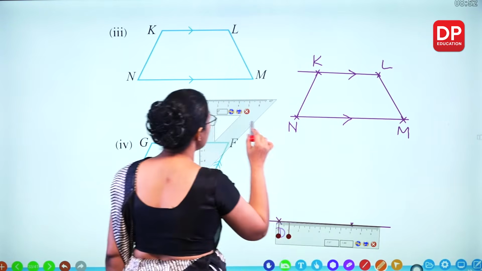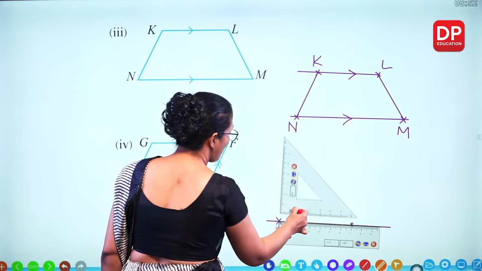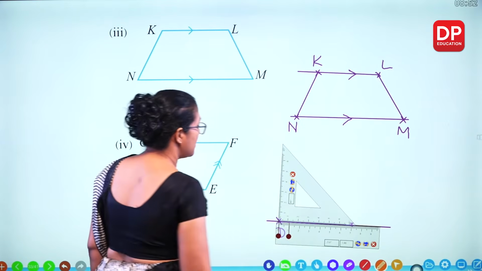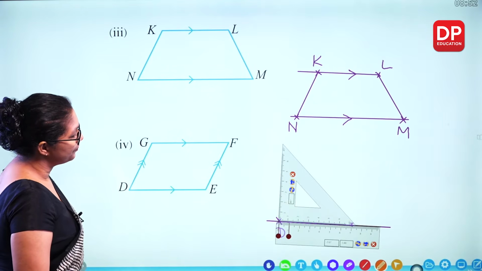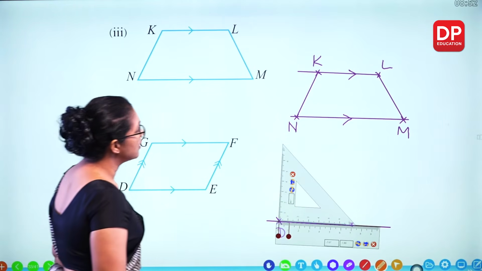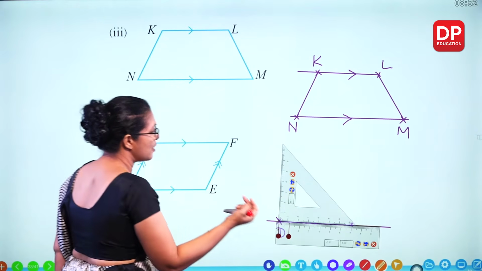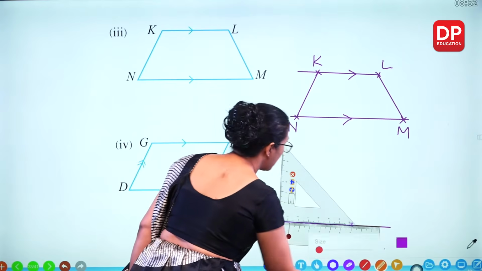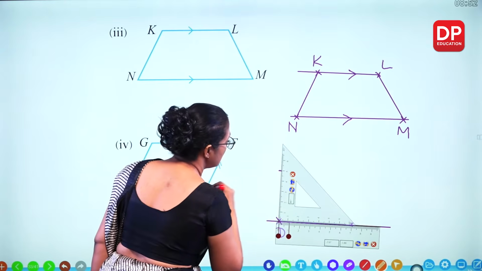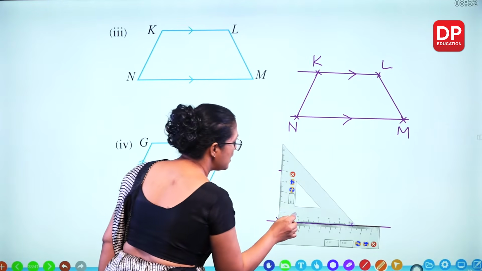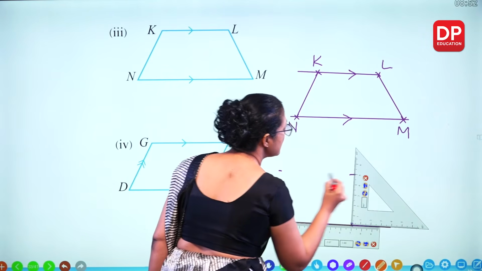And take the set square, keep it on top of this straight edge, and we can mark 5 centimeters, or whatever this perpendicular distance is. I'll take 5 centimeters and then drag it again, mark 5 centimeter length here.